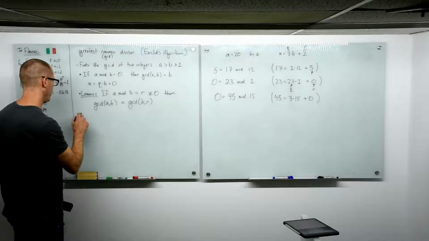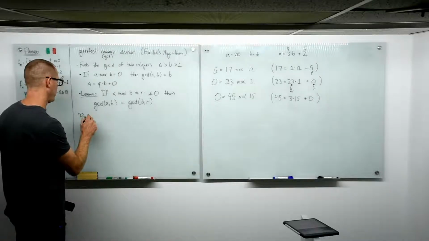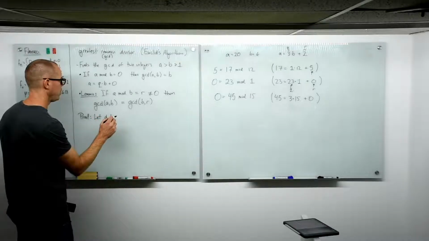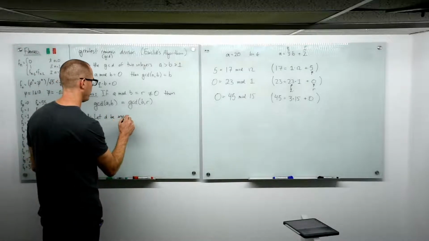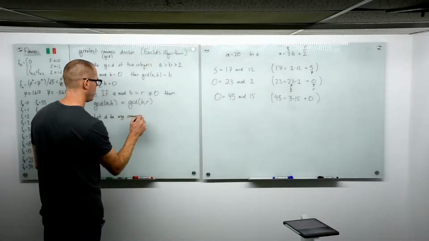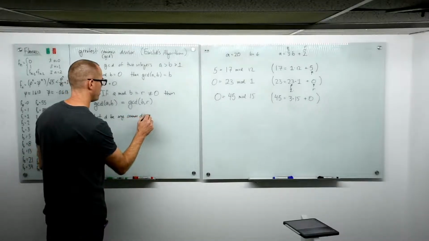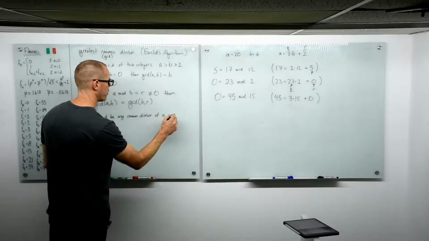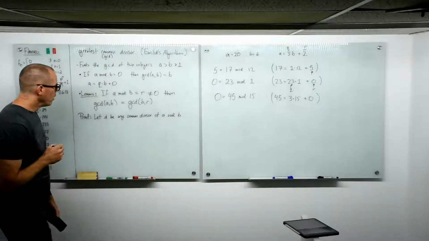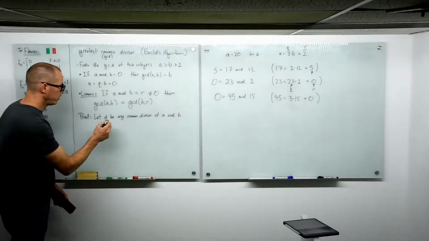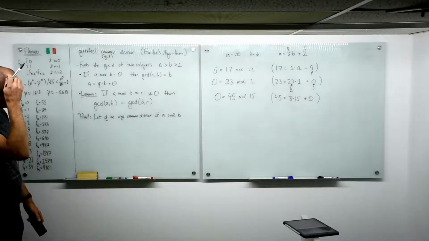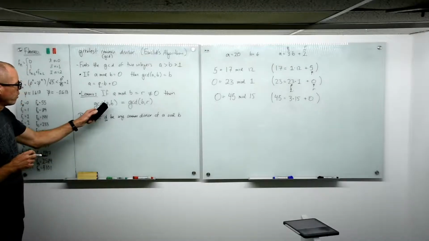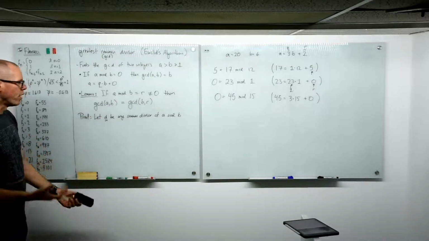And the proof is just the following. So you let D be any common divisor of A and B. The claim is that the greatest common divisor of B and R is the same as the greatest common divisor of A and B. So let's just take any divisor.